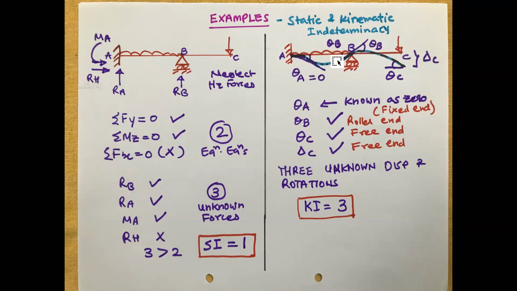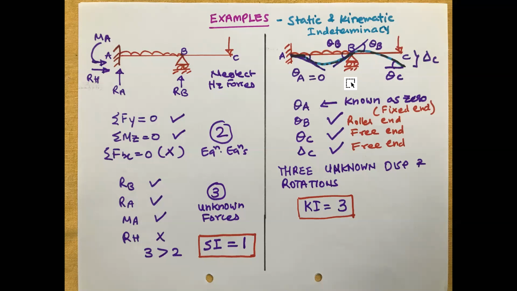You can see here theta B in both spans will cause the rotation in both spans. It will be same, theta B is same. So one kinematic indeterminacy is unknown. What is unknown? Rotation here. The value of rotation is not known to me, it is unknown. So I would call this theta B unknown quantity, and I can put it in the form of kinematic indeterminacy.